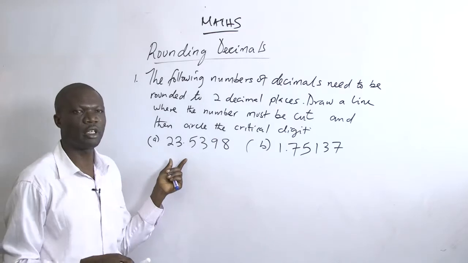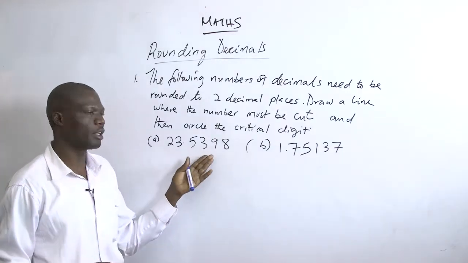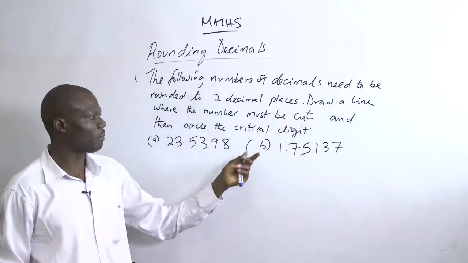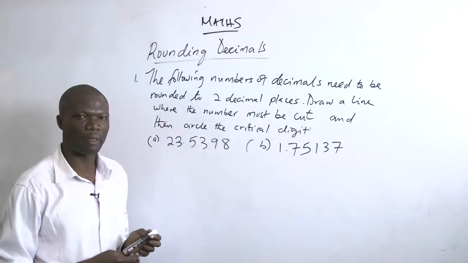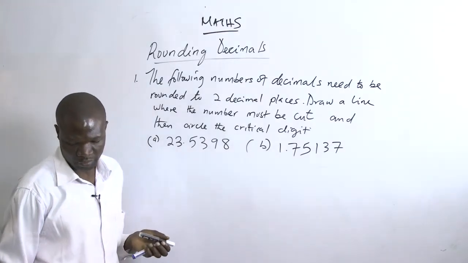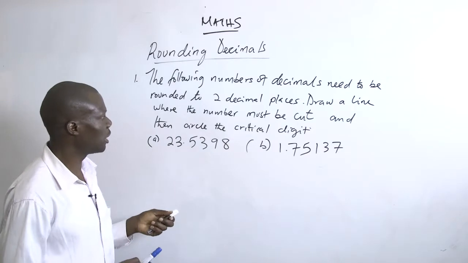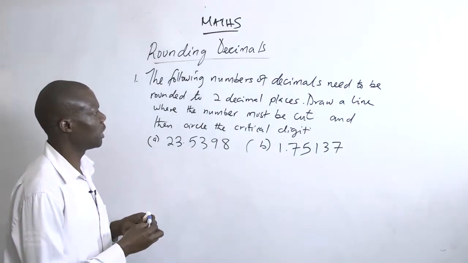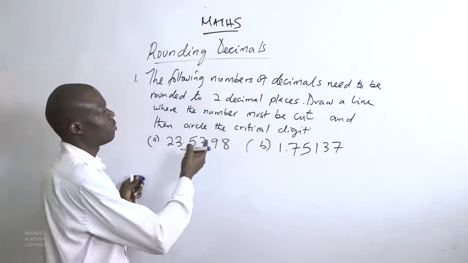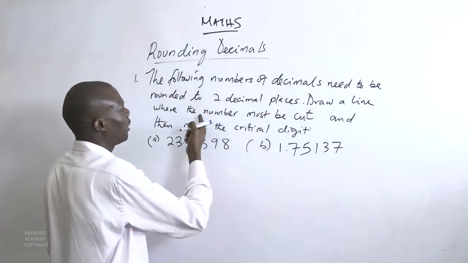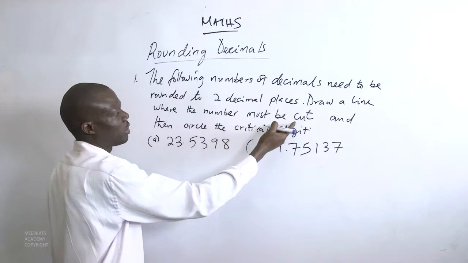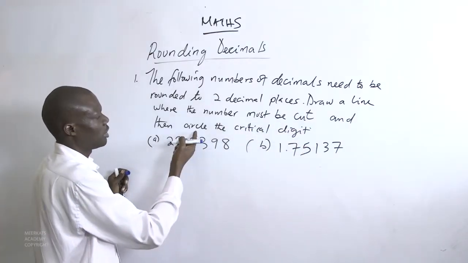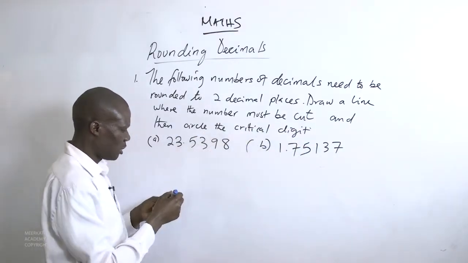A, 23.5398 and B, 1.75137. Now to tackle this, as we have been told, there are 2 conditions we must observe. One is simply drawing the line where the number must be cut, and 2 is circle the critical digit.